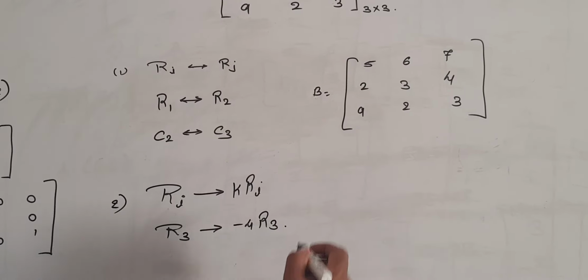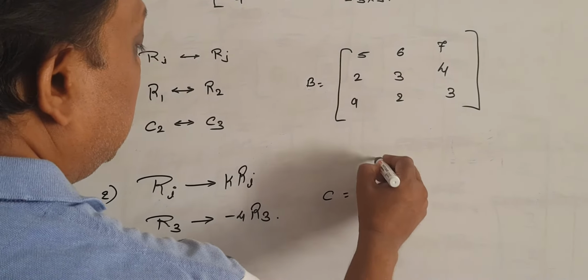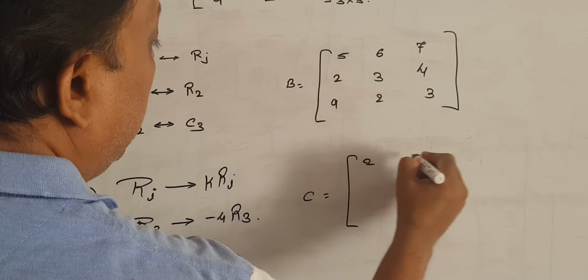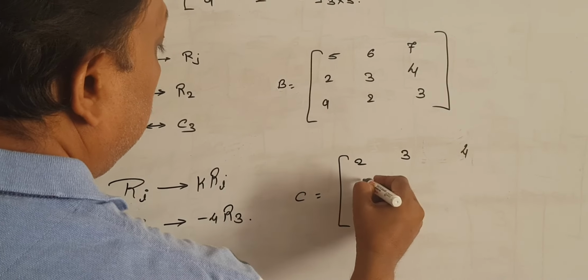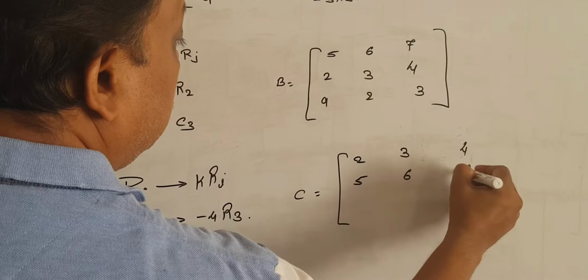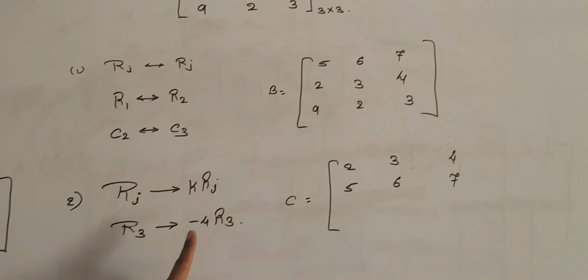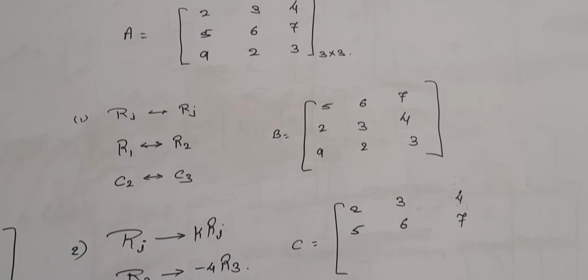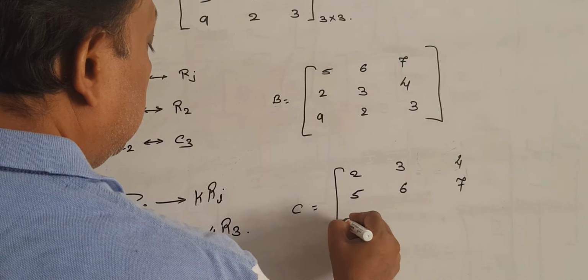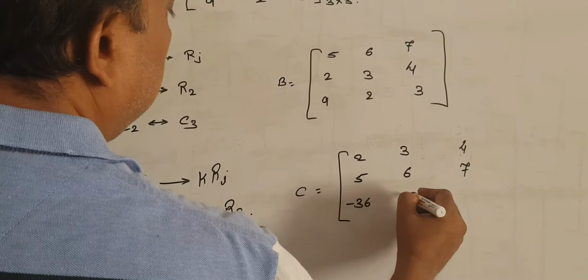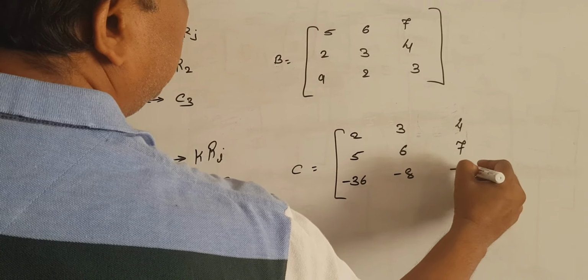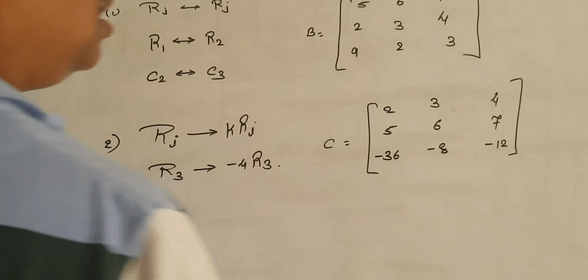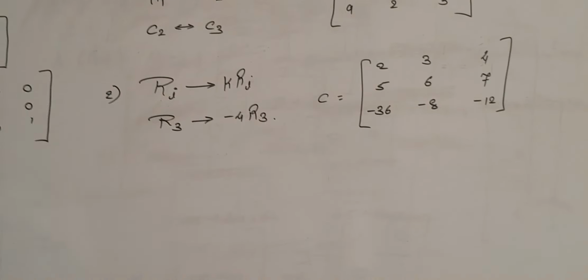Suppose I call the matrix C, then the first two rows are as they are: 2, 3, 4, 5, 6, 7. This minus 4 we have to multiply to the elements of the third row. So it will be 9 times minus 4 is minus 36, minus 8 and minus 12. Understood? This is the second logic.